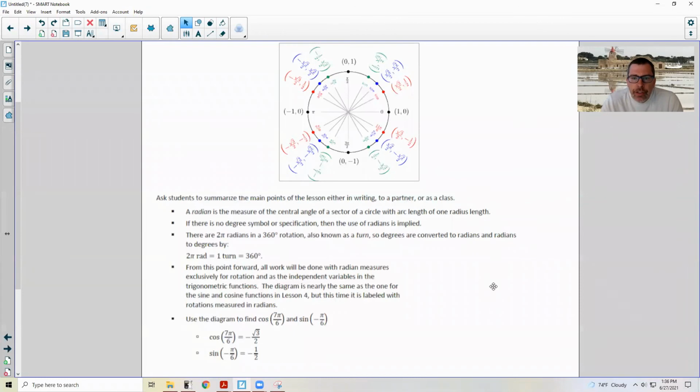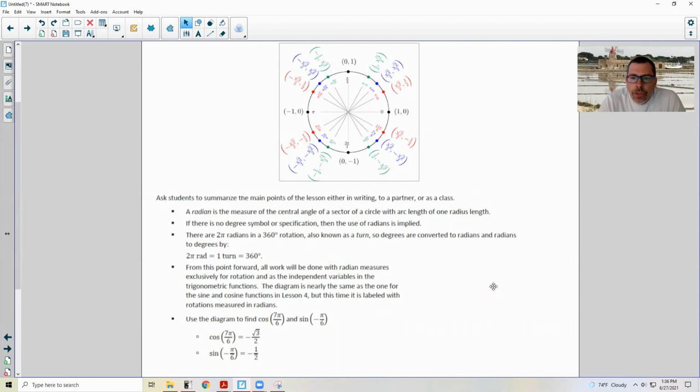Okay, so here is the unit circle. If you look at this, on the inside, it is in radians. And on the outside, it is the cosine and sine values of those radians. So π/6, π/4, π/3, instead of 30, 45, and 60 degrees.